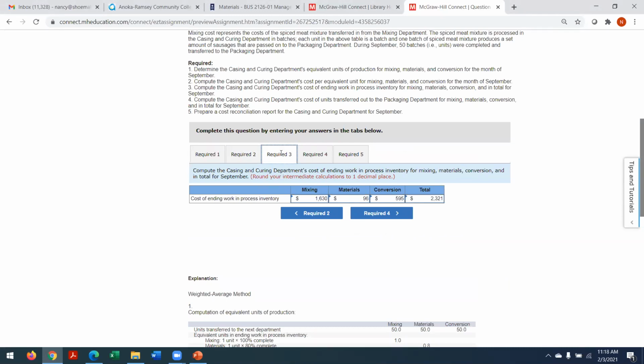Compute the casing and curing department's cost of ending work in process inventory for mixing, materials, conversion, and in total for September.